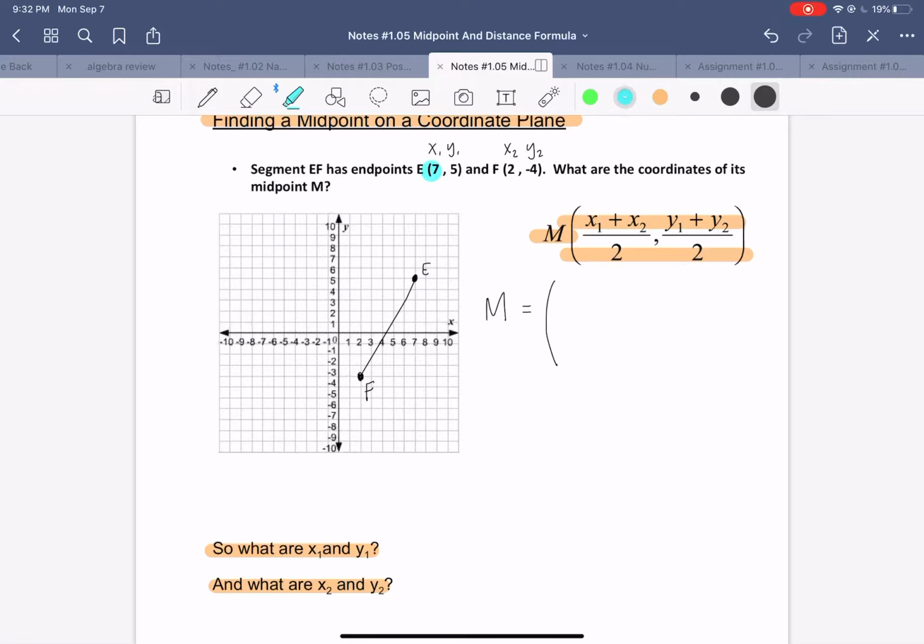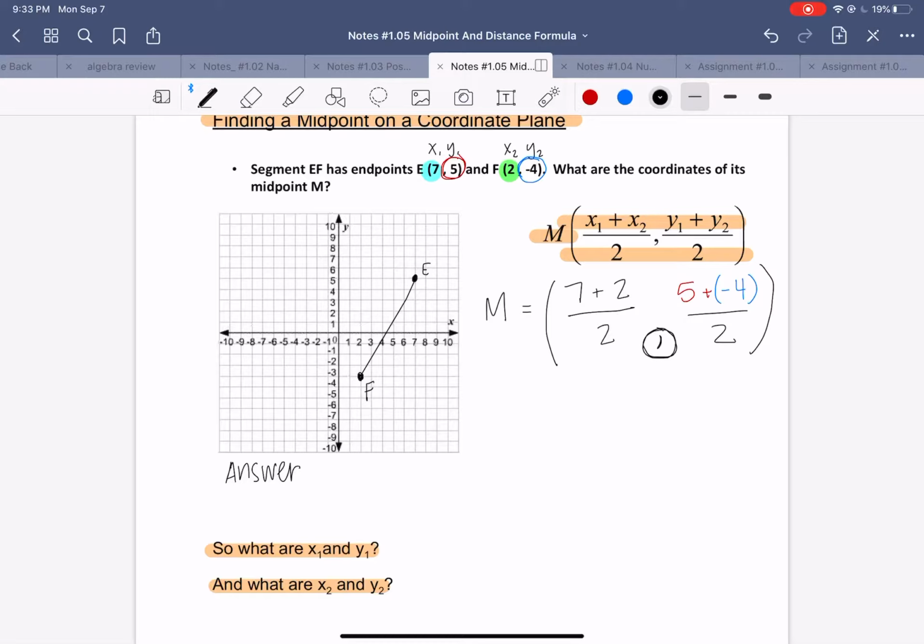So I'm going to put in 7 plus x2, which is 2, so 7 plus 2 all over 2, comma, y1, which is 5, plus y2, which is negative 4, all over 2.